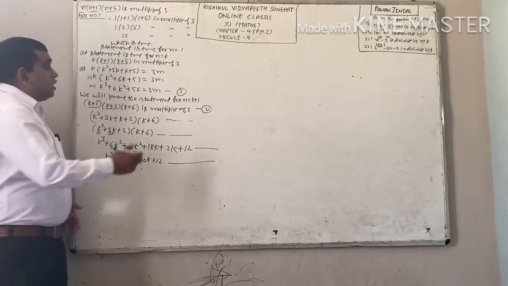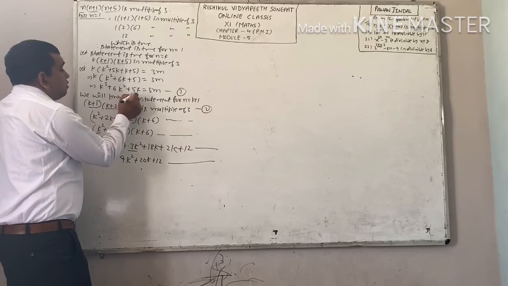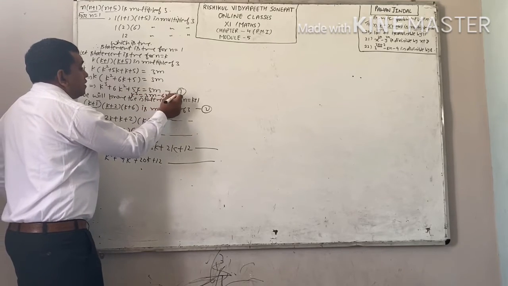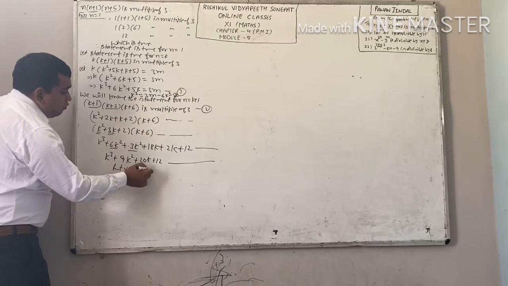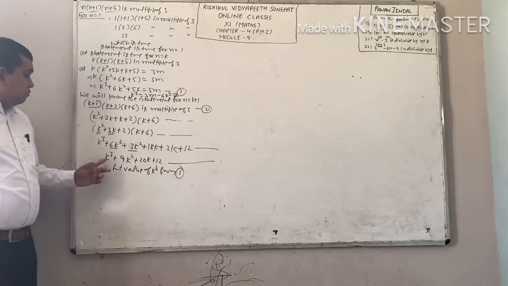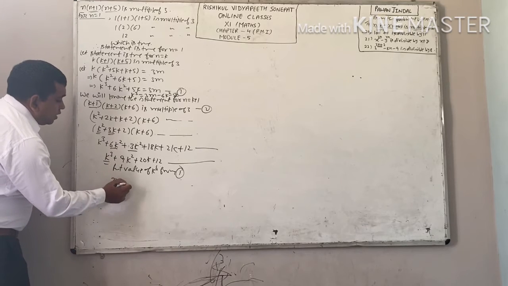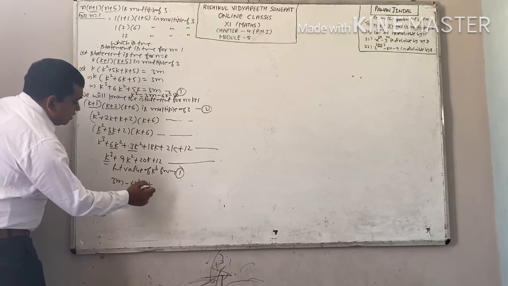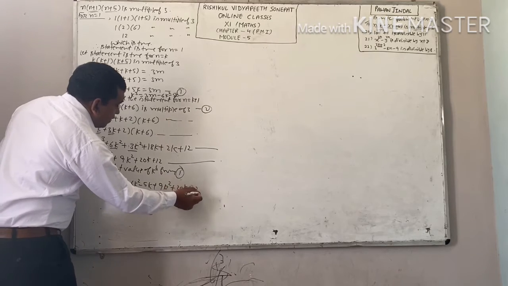Find out value of k cube from first. See what you will get. From here k cube equal to 3n minus 6k square minus 5k. Put value of k cube from first and you will get the requirement. Now I am putting the value of k cube. Value of k cube is 3n minus 6k square minus 5k, plus 9k square plus 20k plus 12.